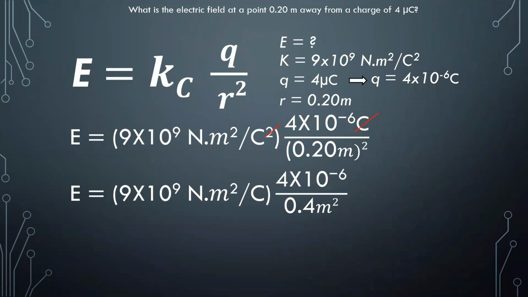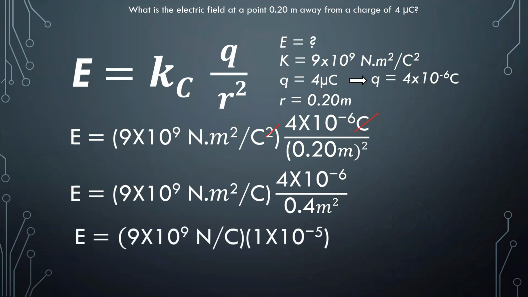So 0.20 squared is 0.04 square meter. So 4 times 10 to the power of negative 6 divided by 0.04 is 1 times 10 to the power of negative 4. Cancel the square meters.